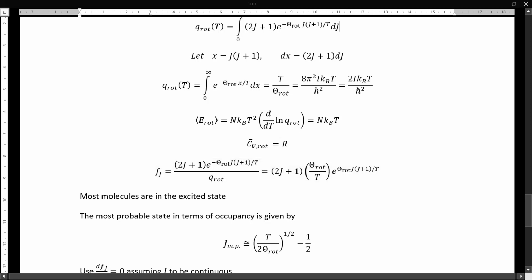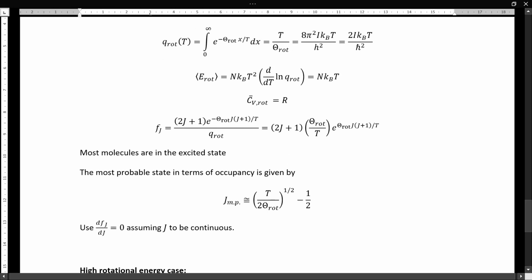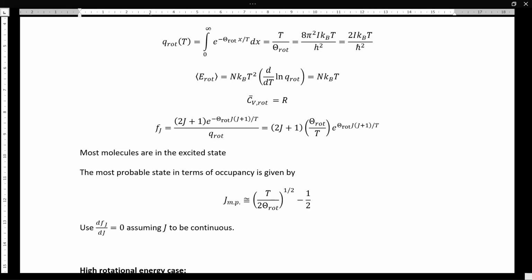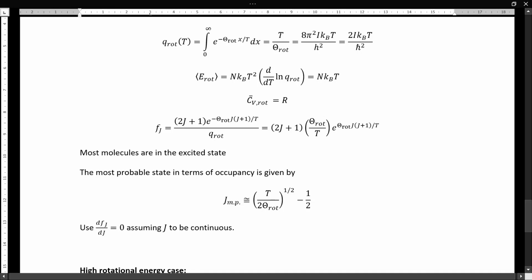Now, something very interesting is to find the most probable state in terms of occupancy. When you're doing spectroscopy, you're looking for transitions. Remember, delta J equal to plus minus 1 is the selection rule that you got.